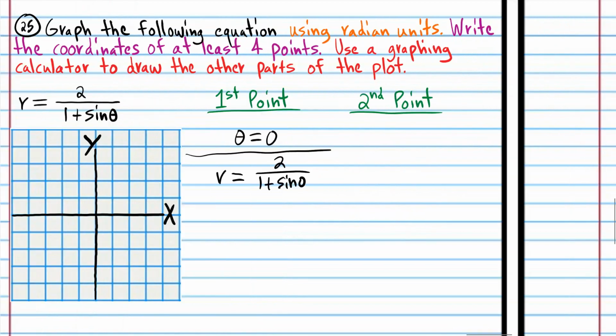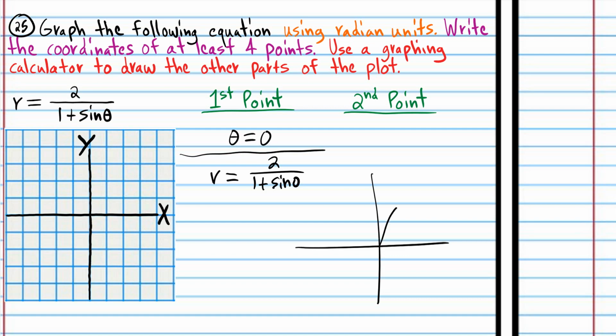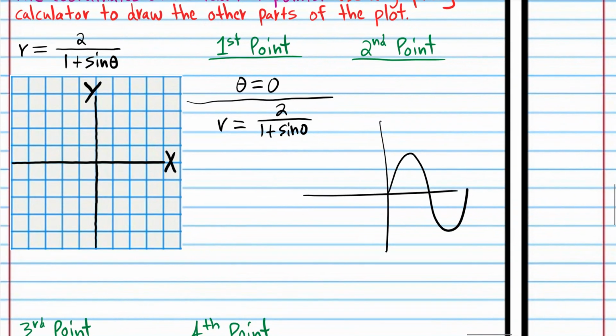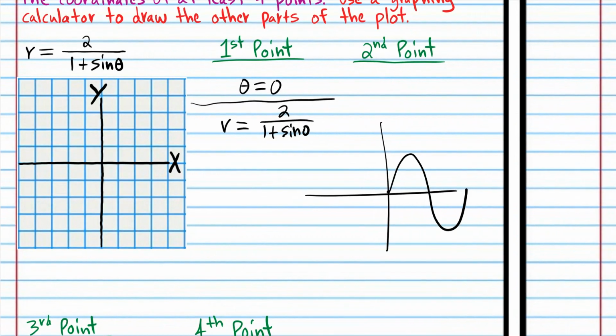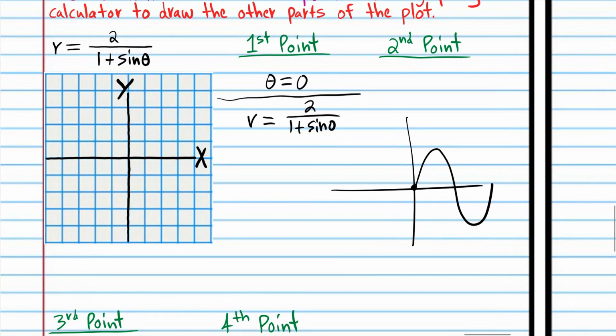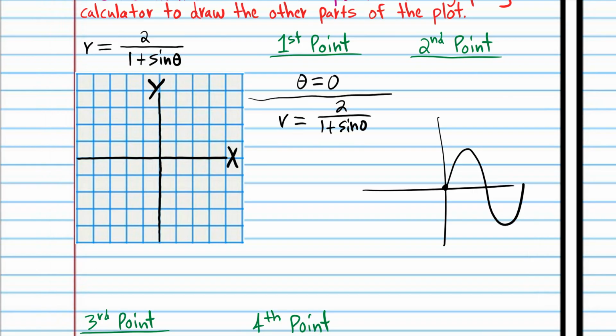Remember your sine curve. That tells us what the values of the sine function are when you have a quadrantal angle, or a collapsed triangle. So sine 0 is just 0. So r would be 2. So our point is 2, 0. So I'm going to count out 2 and then rotate 0 radians.